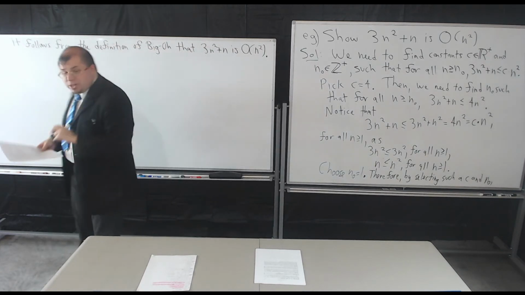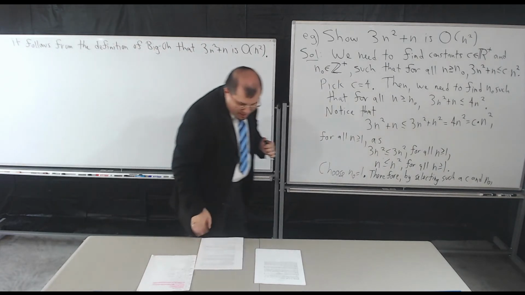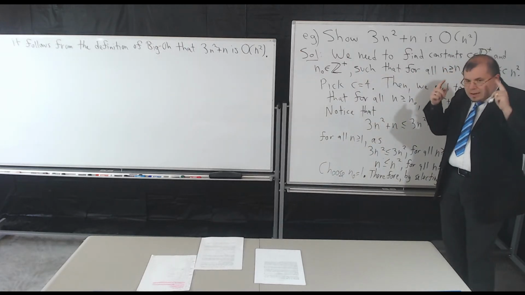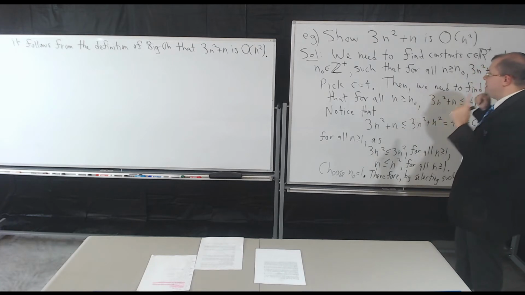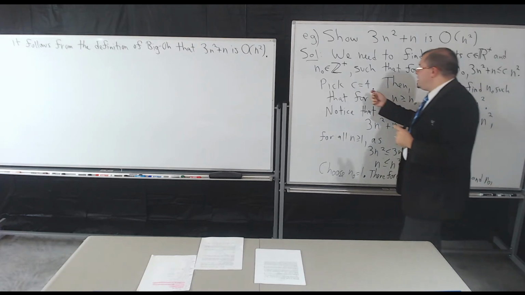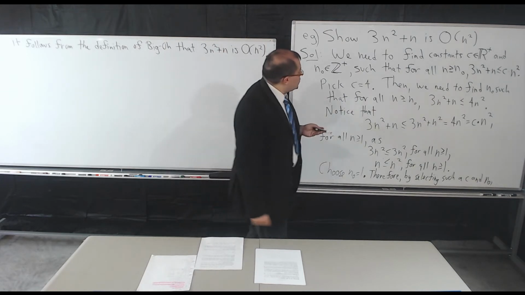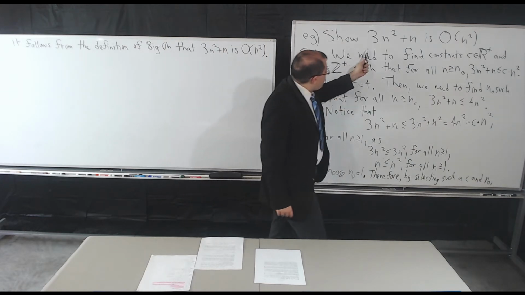So the big thing I want you to observe is that all I did here was select C. Typically it's nice to pick C in a nice intuitive fashion. The whole trick I used is I looked at what my F is.